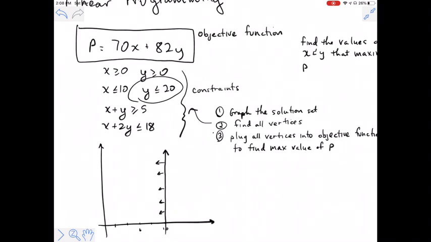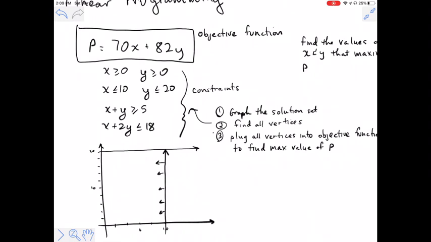This next one here, y is less than 20. Whenever you have an inequality or an equation where it's just y equals a number, that's a horizontal line. So I'm going to count by twos: 4, 6, 8, 10, 12, 14, 16, 18, 20. There was 10, so 20, that's the line y equals 20.